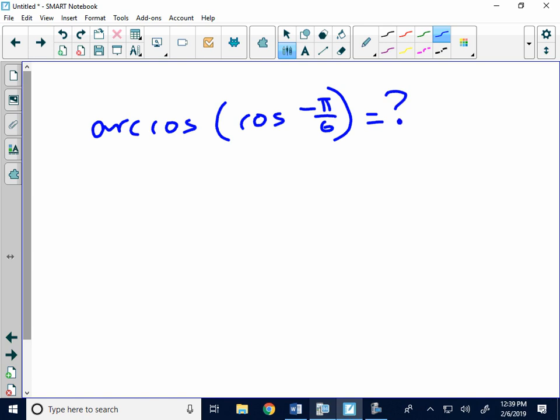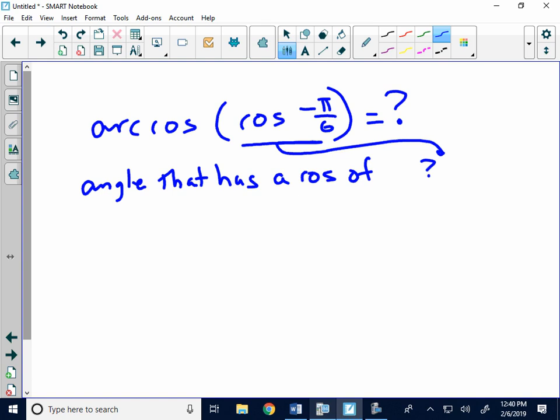What is the angle or the arc that has a cosine of this number? Okay, so let's figure out what that number is. Because it's in parentheses, we can actually work this out.